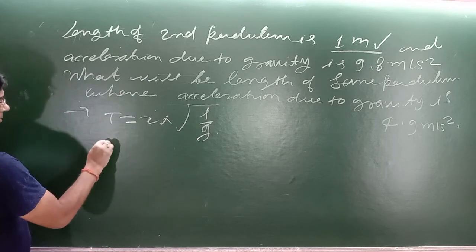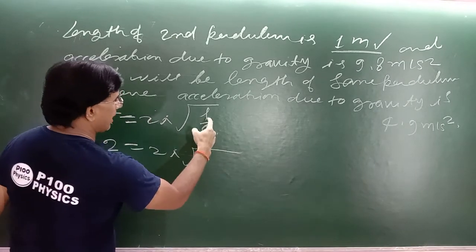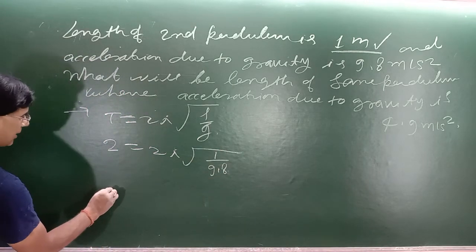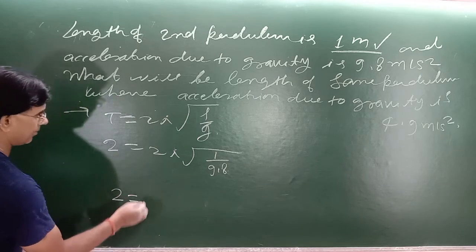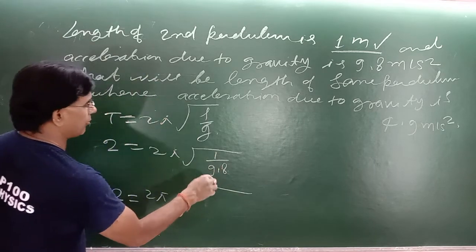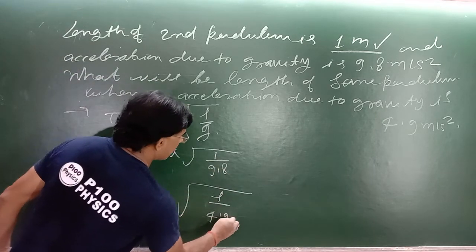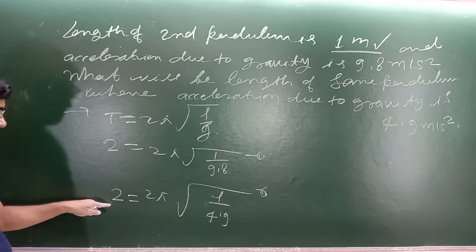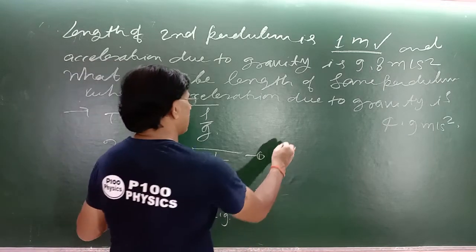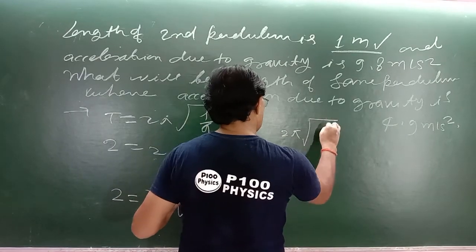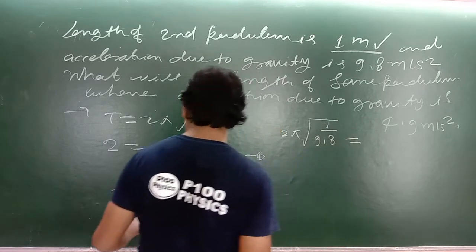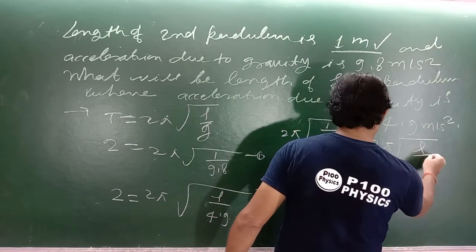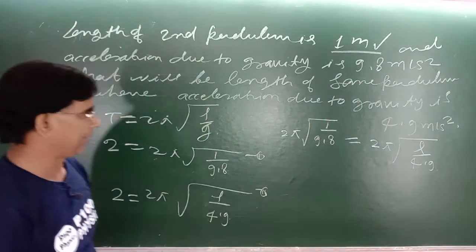Therefore 2 equals 2π under root 1 upon 9.8 in the first equation. In the second equation, 2 equals 2π under root L upon 4.9, where you have to determine L. Since the left-hand sides are both 2, the right-hand sides will also be the same.